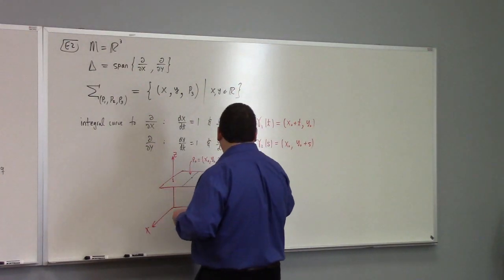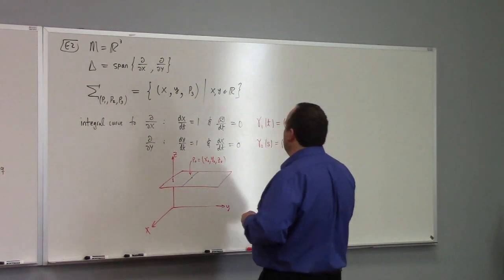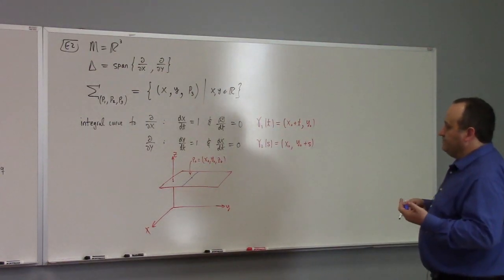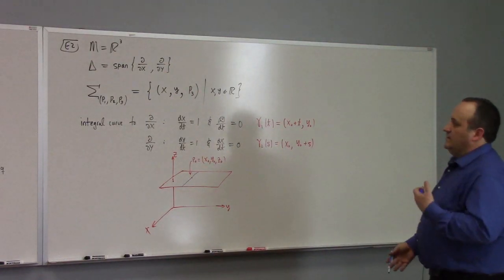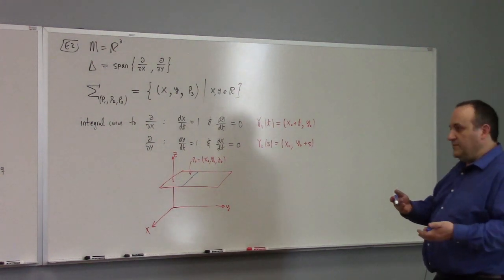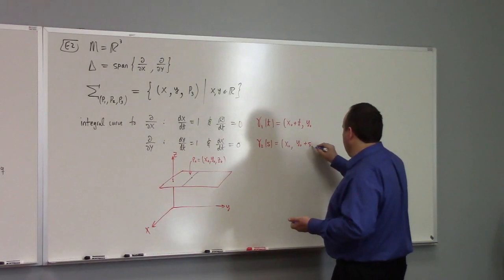Oh, my bad. Oh, come on, guys, don't let me do this. These are three-dimensional vector fields, right? So I owe you something else, which is what? Yeah, the third component, right?